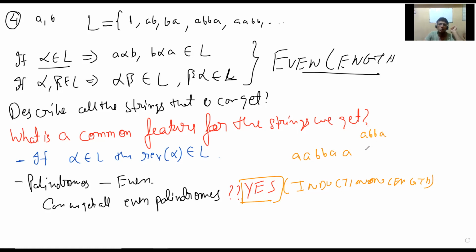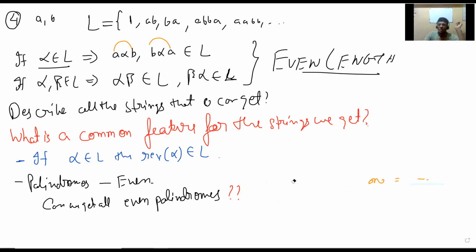But we cannot add A on both sides. No, because you add an A and a B, or a B and an A. So Chandan, I think that's what you were saying, right? So that's the point. You're right. So you cannot get all palindromes. I'm sorry. As you can check, you cannot get that thing. So the answer is no.